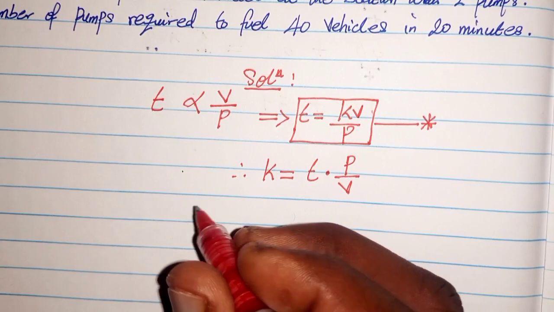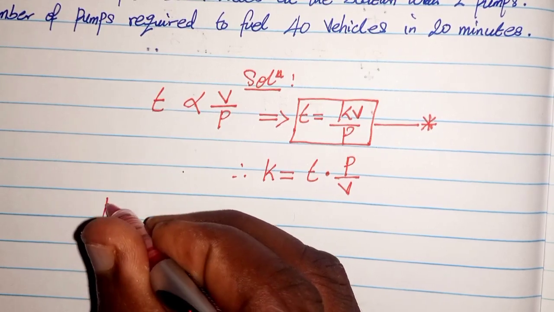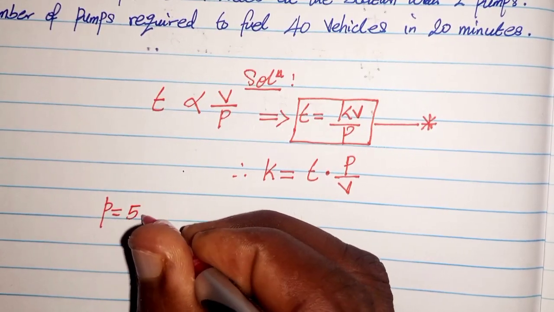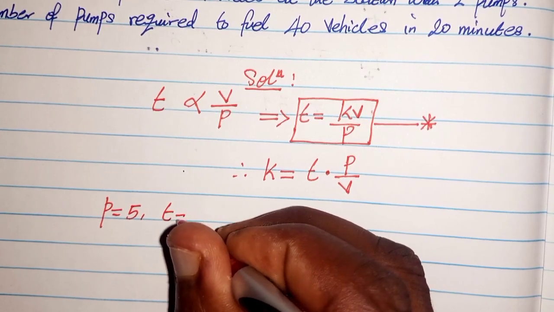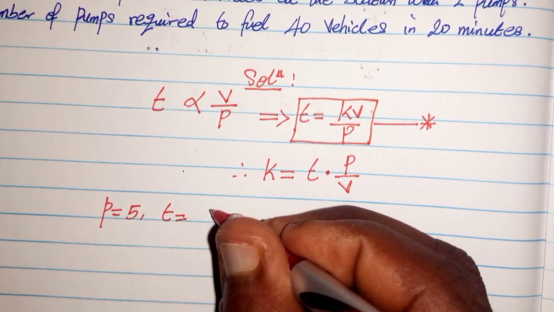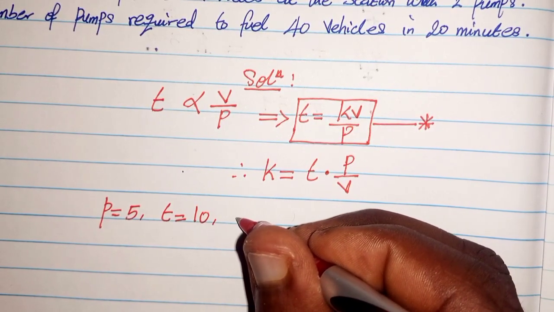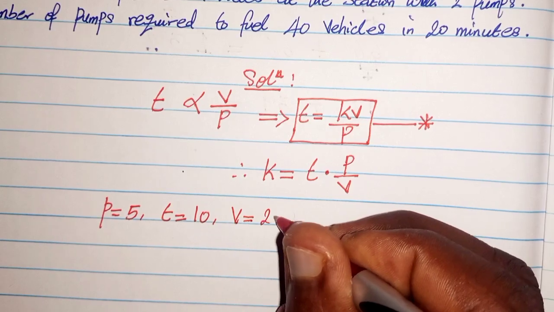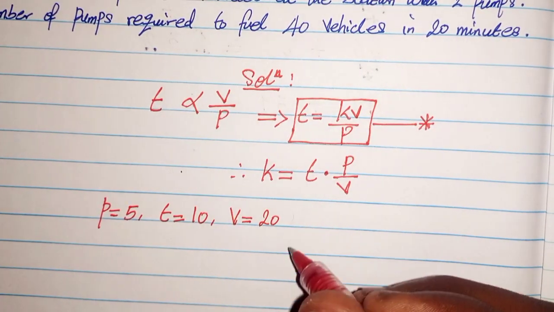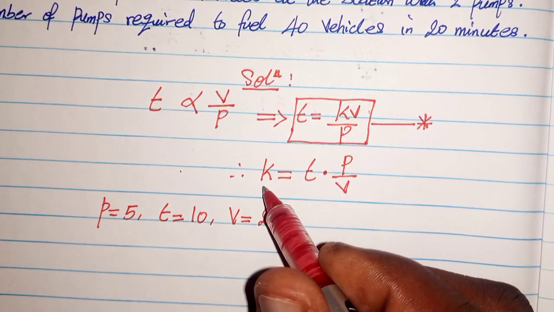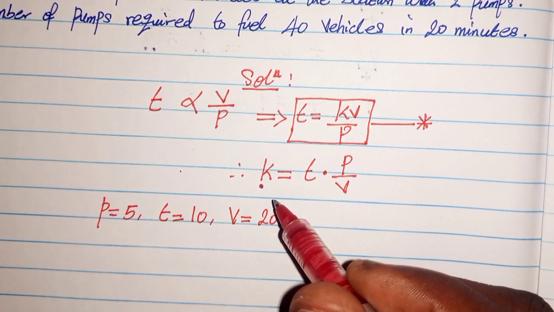So here we are given that our P is equal to 5, our T is equal to 10, and also our V is equal to 20. We can just input this into our formula in order to find the constant of proportionality.